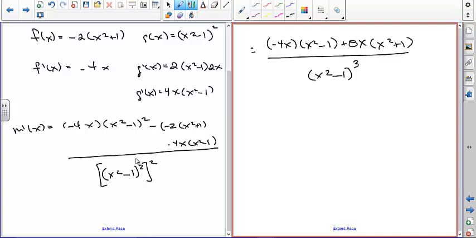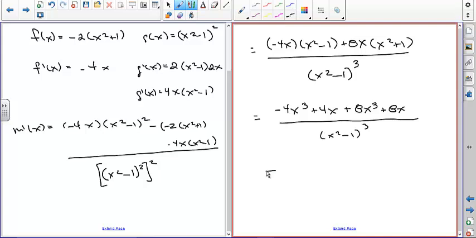So again, I've got 4 of x squared minus 1s, x squared minus 1 to the 4th power. I'm going to take one of those, so that gets reduced by 1. This one gets canceled out completely, and I'm just left with this times that times that times that. Then you multiply it out, so you get negative 4x cubed plus 4x plus 8x cubed plus 8x, all divided by x squared minus 1 cubed.